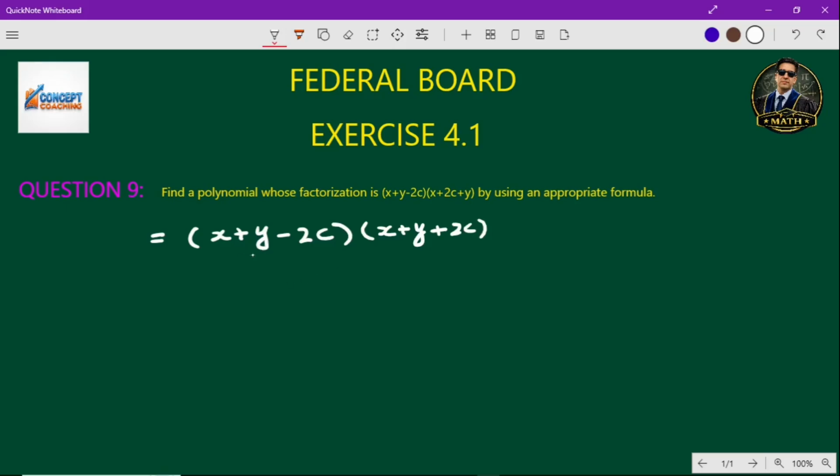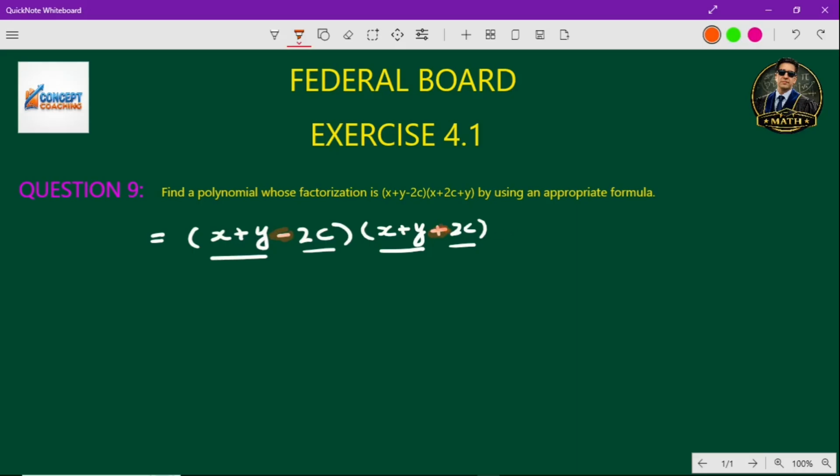Now you see that this is x plus y here, x plus y here, this is the same, and this is 2c and 2c is here, and we have the negative sign in the first expression, and positive sign with the second expression.